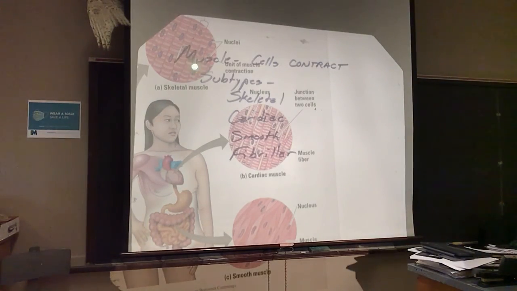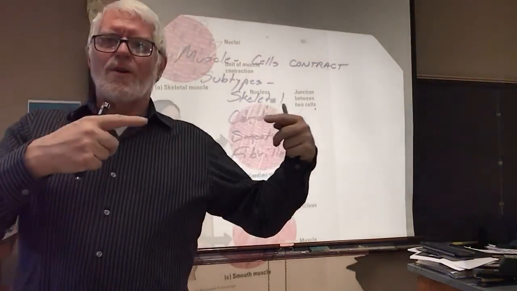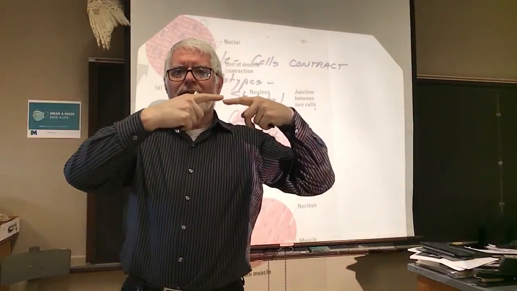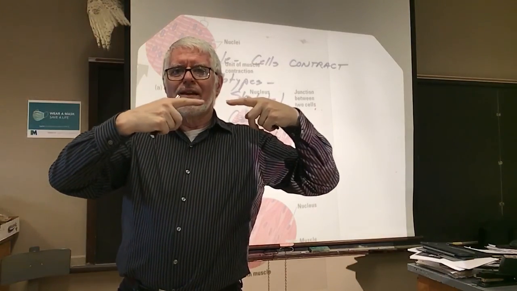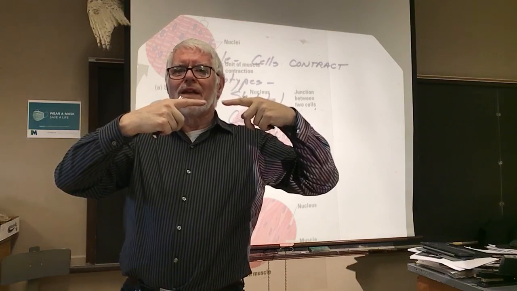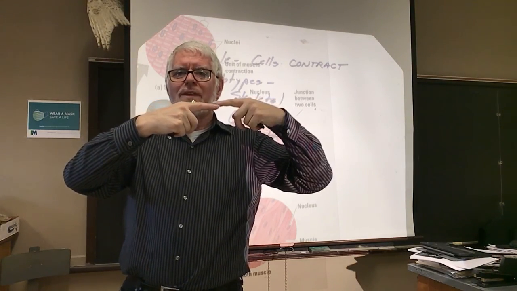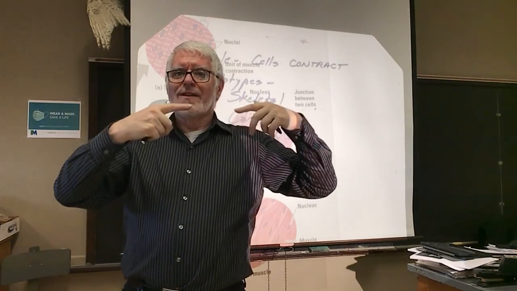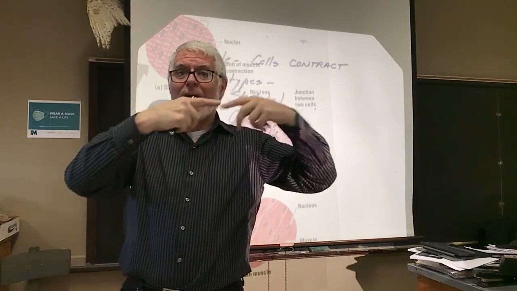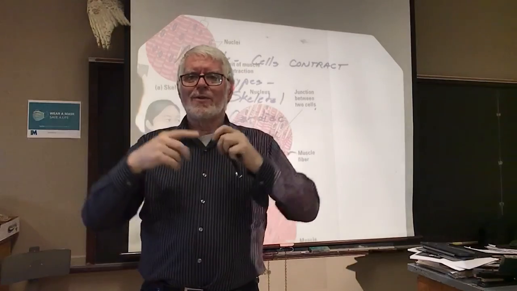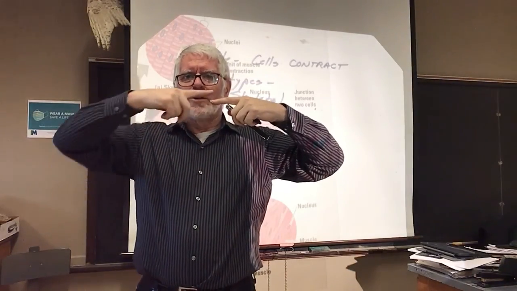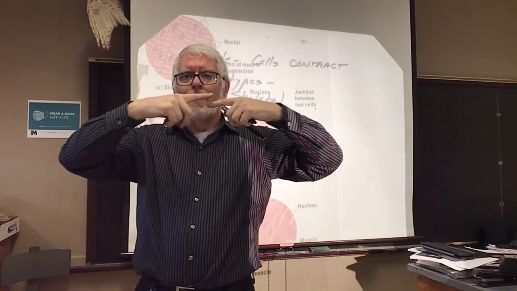And then there's molecules that stick out from the anchors with a space in between them. And when the muscle contracts, it pulls the anchors in. And the stripes disappear because these things overlap one another. There's two molecules here and there's another molecule resting kind of above it.